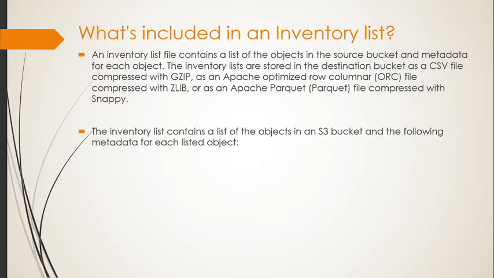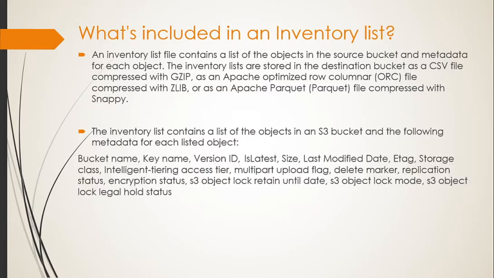So the inventory list contains a list of objects in an S3 bucket and the following metadata. What metadata is available to select from?